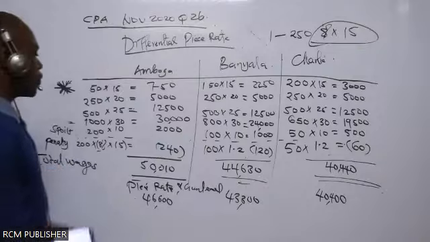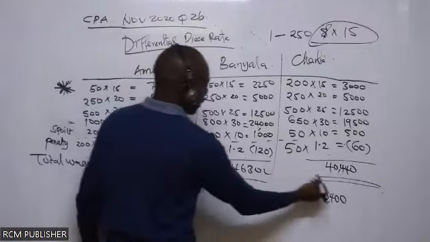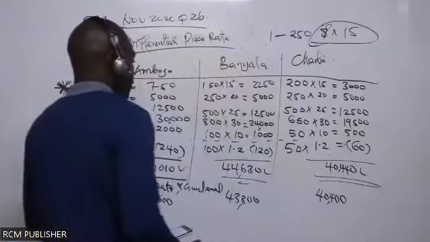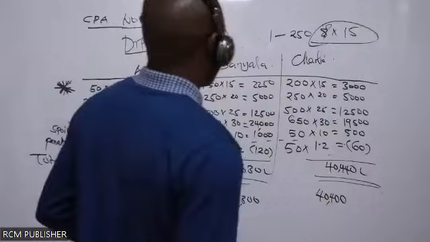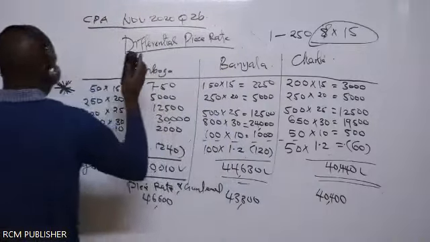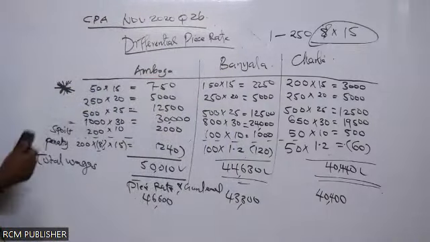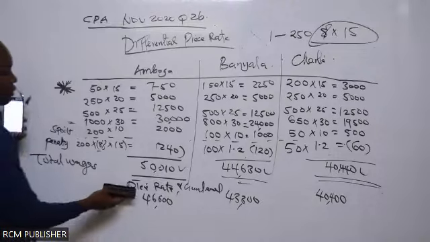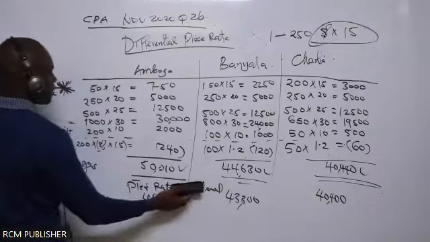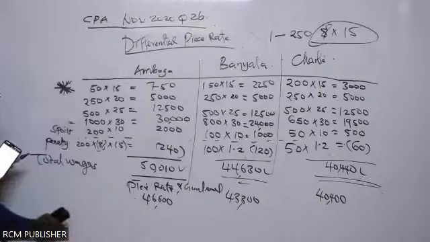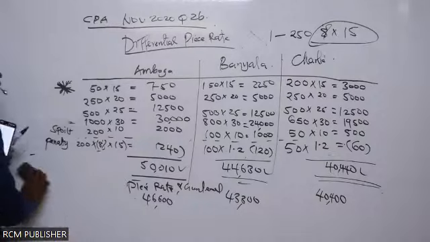The differential, because it gives the highest salary or wages to these individuals. That's why they are going to adopt the differential. But if it was a company, if you are told to advise the company, then they could have adopted this one here, because it makes them have the lowest liability in form of salary and wages.